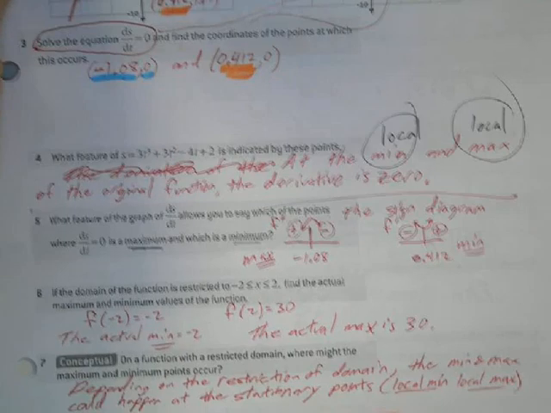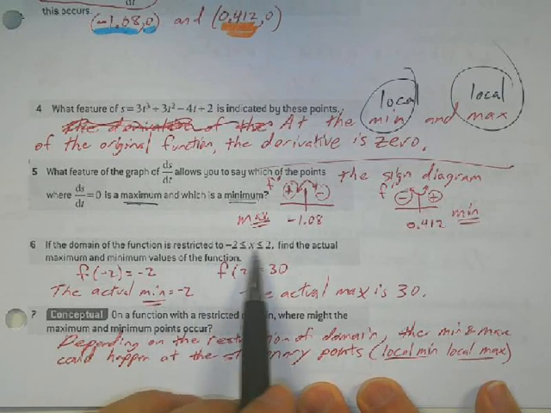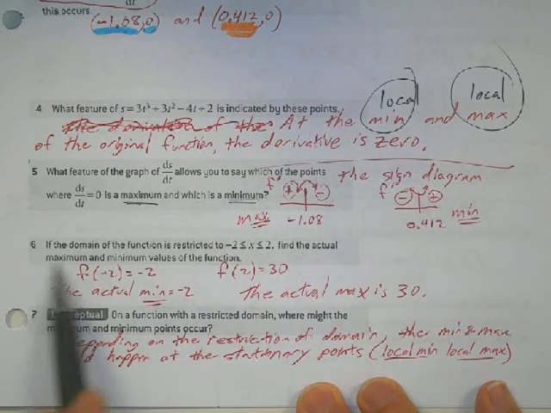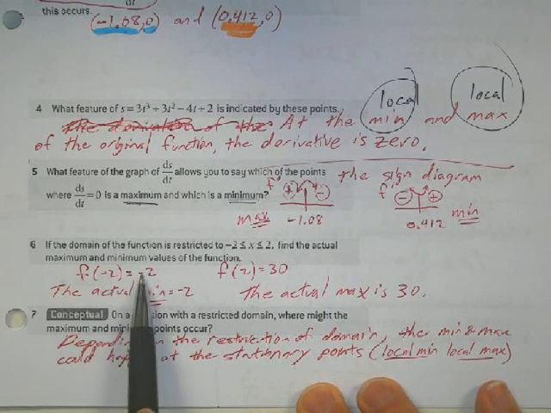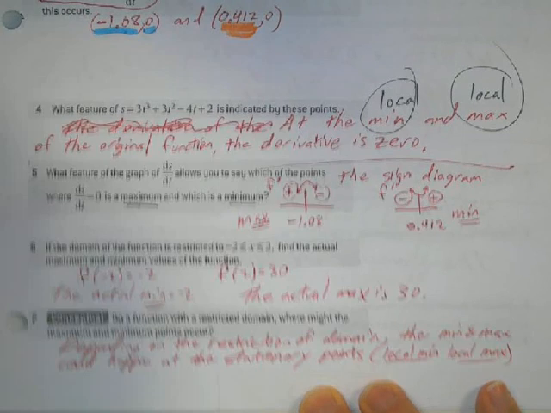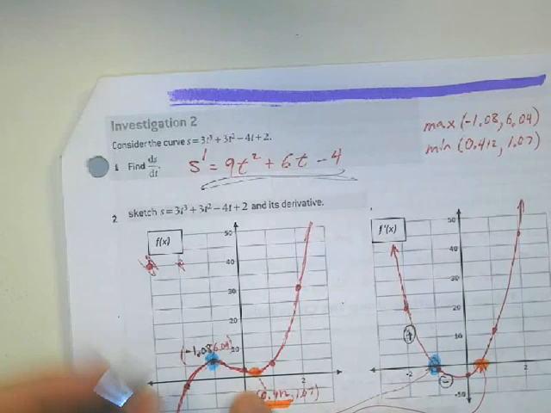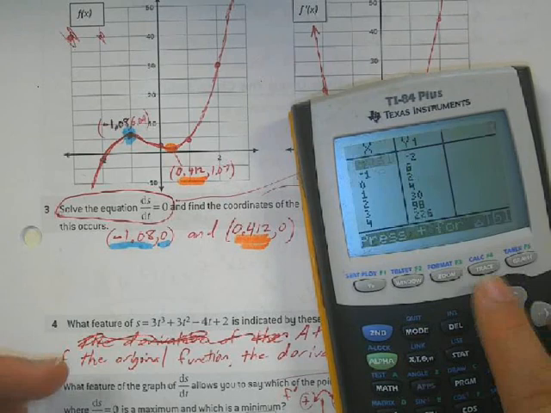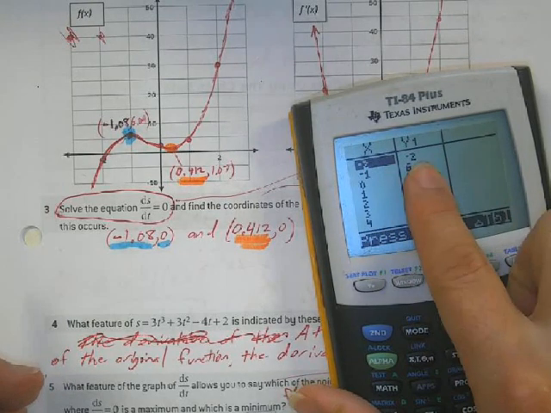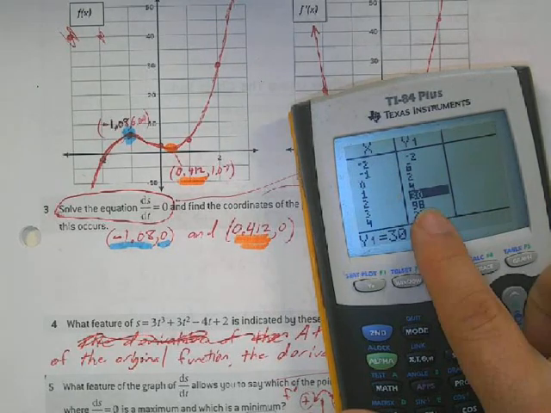Okay, if I look at question 6, if the domain is restricted to negative 2 and 2, find the actual maximum and minimum. So if I plug in negative 2 into my function, I end up with negative 2. If I plug in positive 2, we end up with 30.